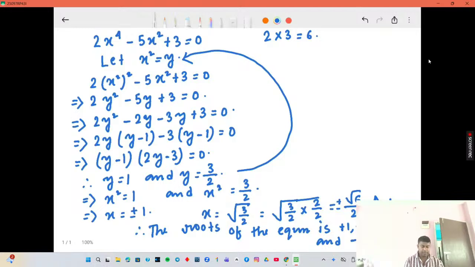So as you can see, the power of the equation is 4. According to the power, if we have power 4, then the number of roots the equation will give is also 4. So you can see that at the end, the 4 roots are plus 1, minus 1, plus root over 6 by 2 and minus root over 6 by 2.